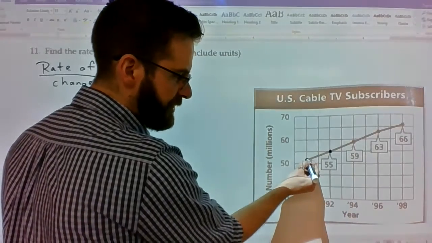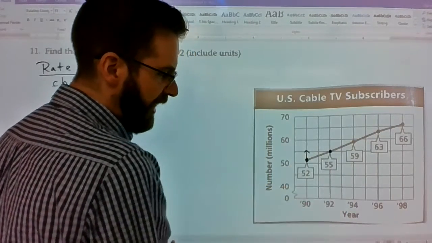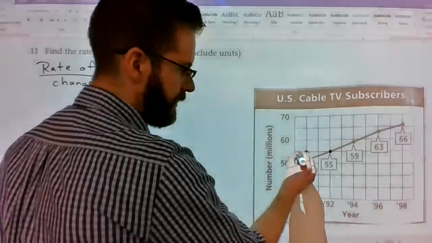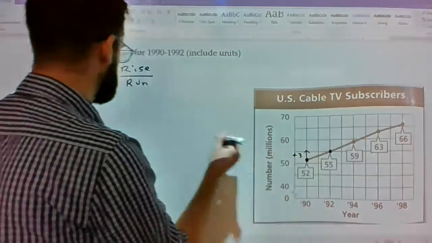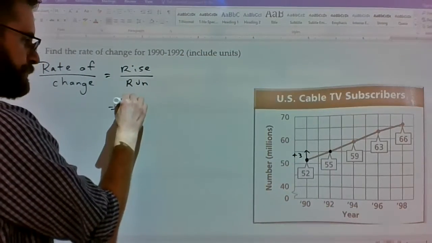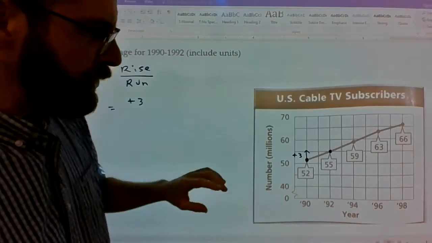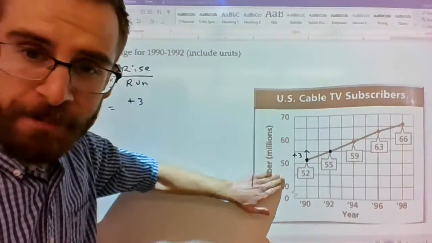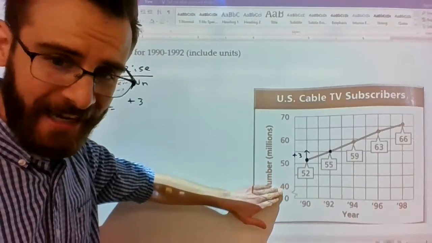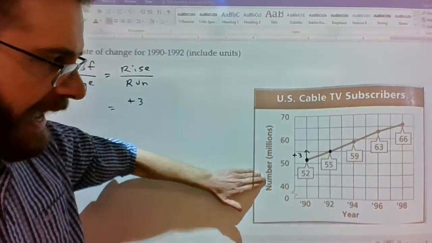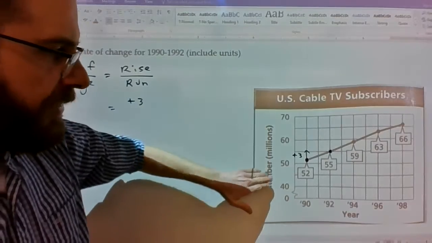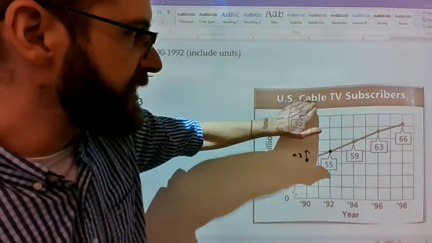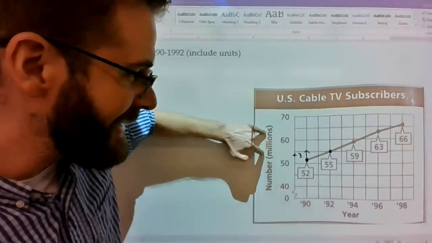Well, if I'm at 52 and I'm going up to 55, I have to increase plus 3. So this is plus 3. Now, here's where you have to include units. If I'm going up or down, I have to match the units on the y-axis. The units on the y-axis are listed right here. The number of U.S. cable TV subscribers in million.